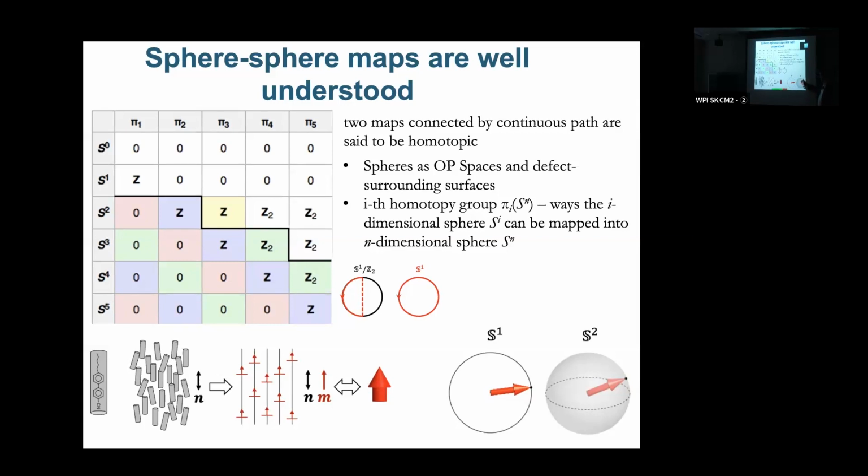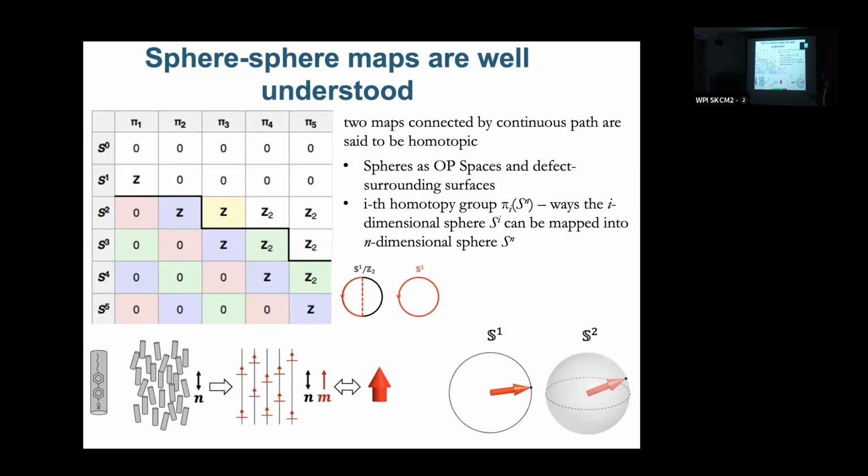If I go to 3-dimensional space, well, then the unit sphere S2 is the assembly of all possible states that the end of that unit vector can be described by, right? And so therefore, this is now the order parameter manifold for the unit vector in a 3-dimensional space with all 3D orientations allowed.